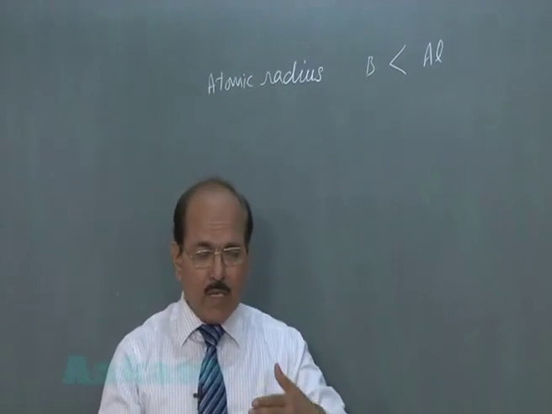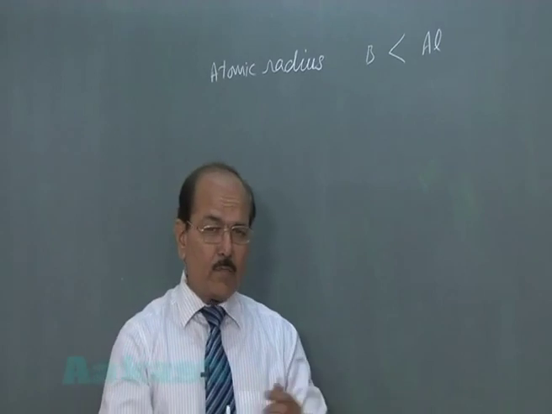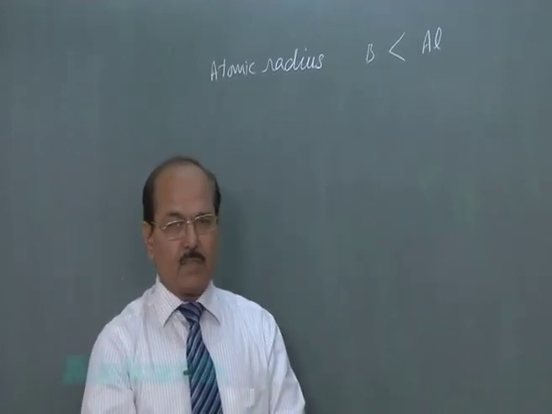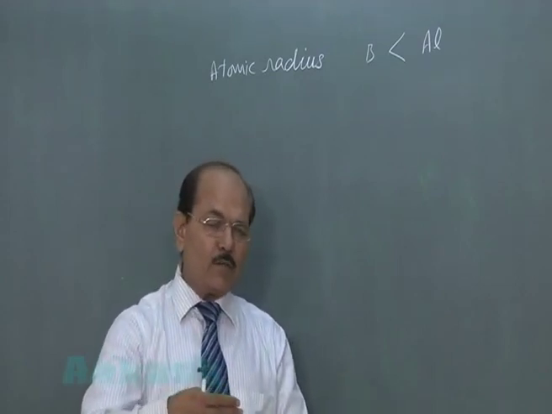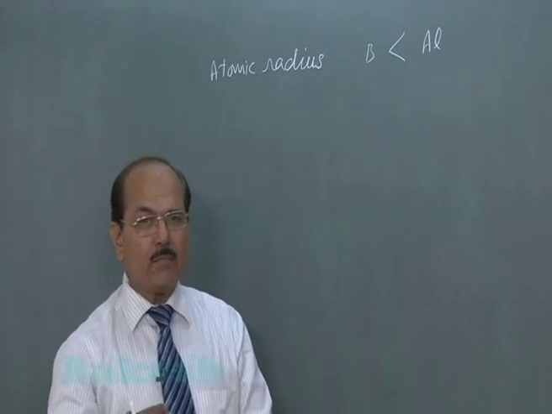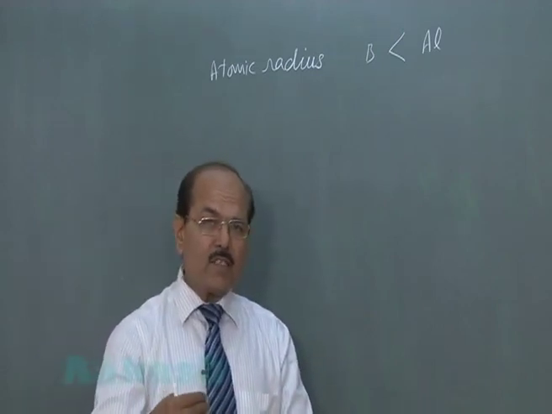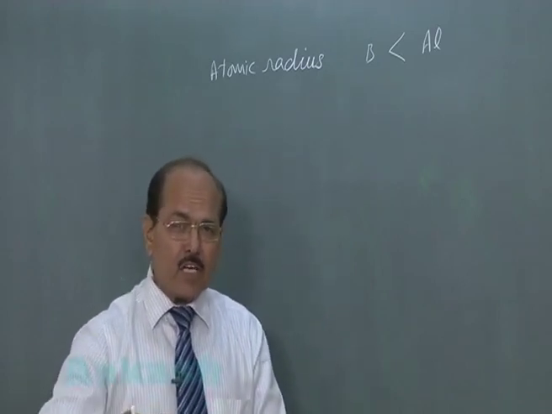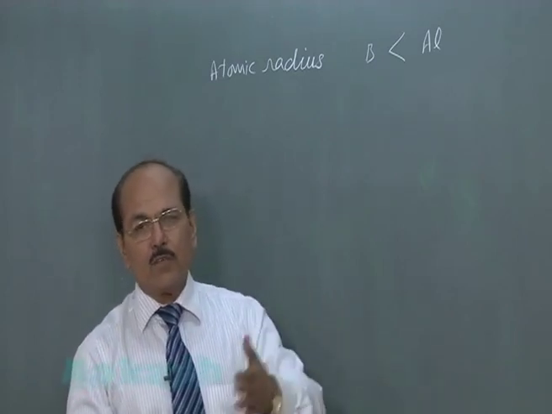When we move from aluminium to gallium, there is an increase in atomic number of 18. 18 electrons have increased. Out of these 18 electrons, 10 electrons have gone to the D subshell of the penultimate shell. Now, since the shielding of D electrons is not effective, the increased charge on the nucleus pulls the valence electrons with a stronger force of attraction.